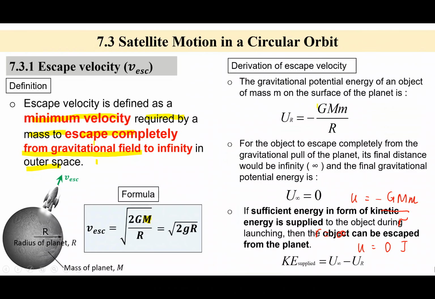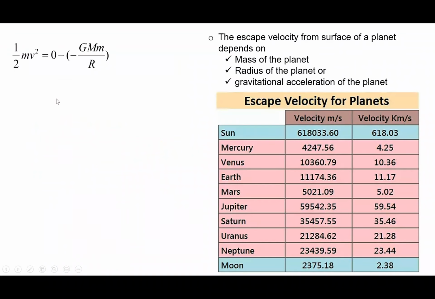Jadi bila kita nak kira, kinetic energy supply adalah final dia punya potential energy tolak dengan potential energy pada surface of the planet. Okay, jadi you buat sikit derivation, kinetic energy dekat sini adalah sama dengan half mv squared. So, yang ini adalah U final minus U initial, bila dia dah completely keluar lah.